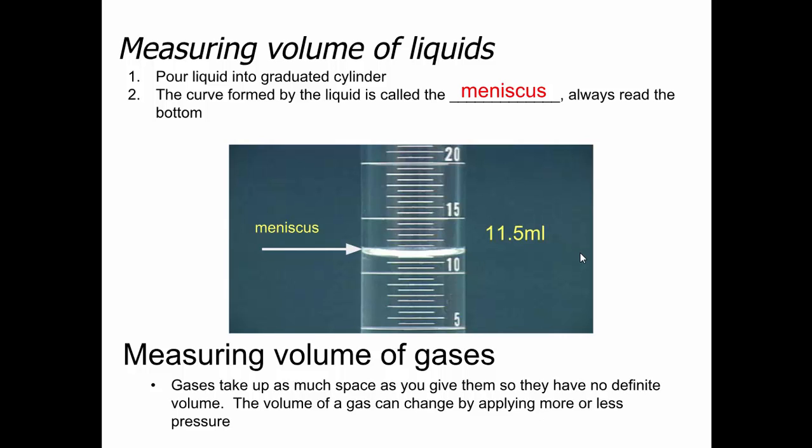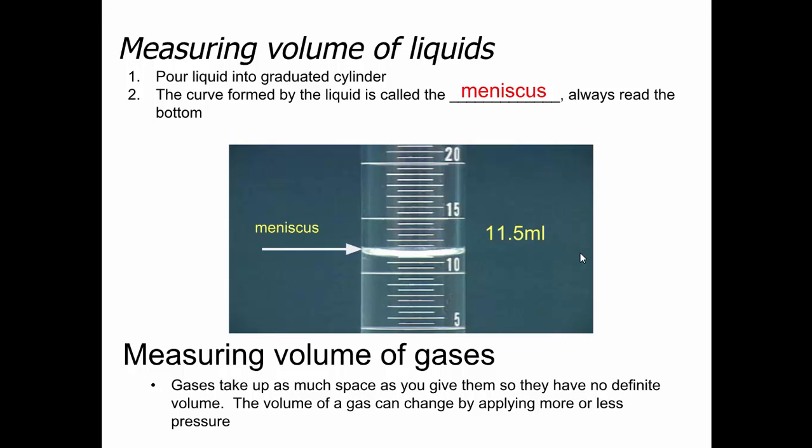So when we're measuring volume using a graduated cylinder, the unit we typically use is milliliters. How many milliliters in a liter? 1,000. Now, gases are a little weird. Gases expand to take up as much space as you give them.